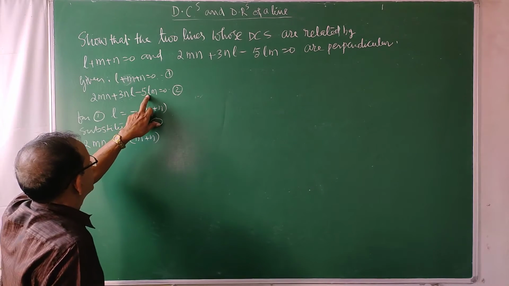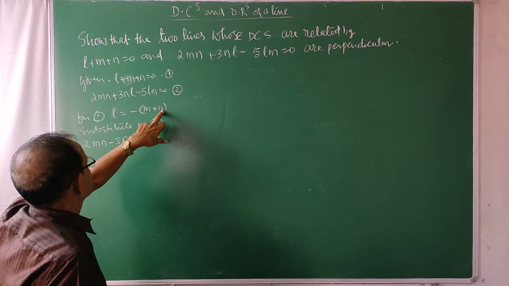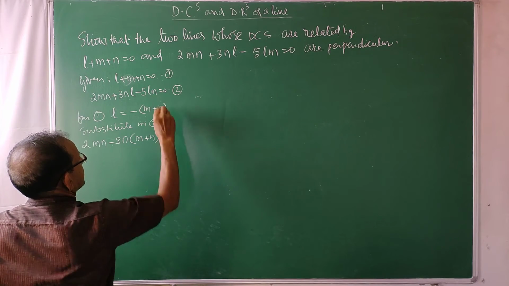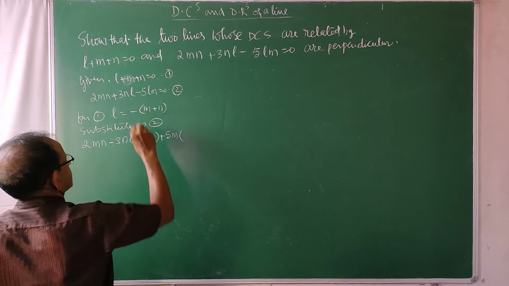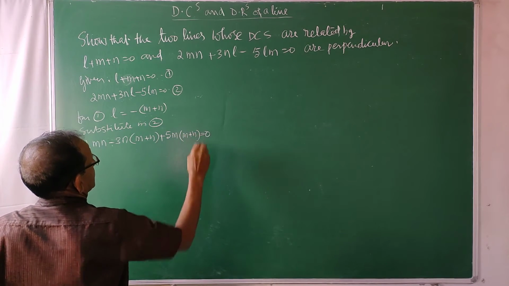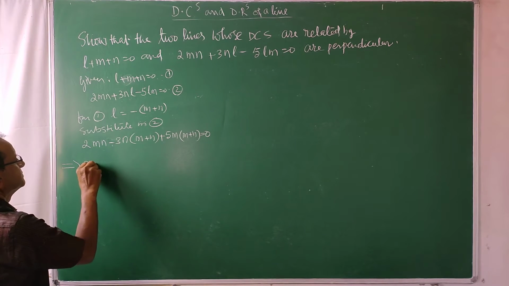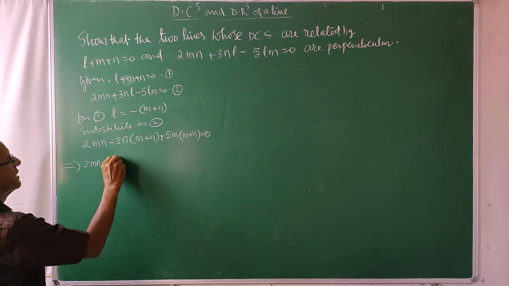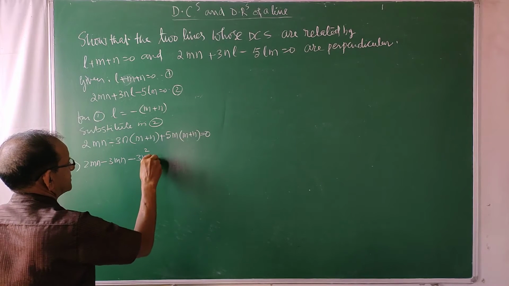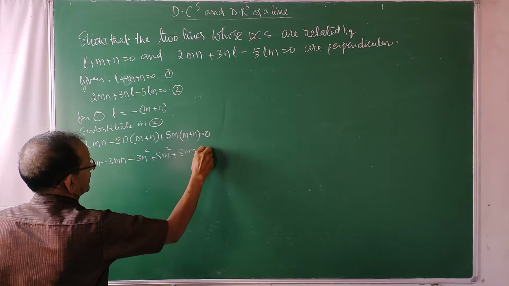This is 5L, minus 5M into L, but L is minus of M plus N, so you will get a plus sign here, plus 5 into M into M plus N, equal to 0. Now, that implies 2MN minus 3MN minus 3N square plus 5M square plus 5MN equal to 0.